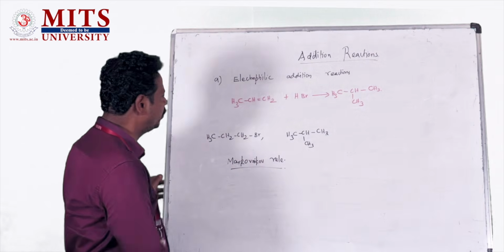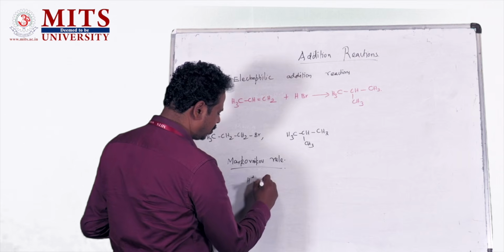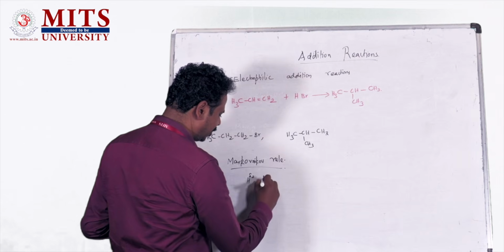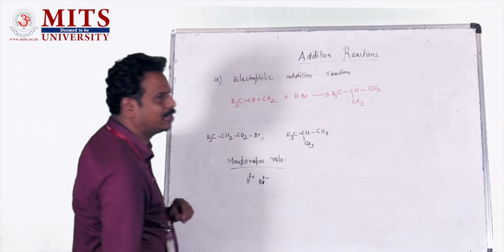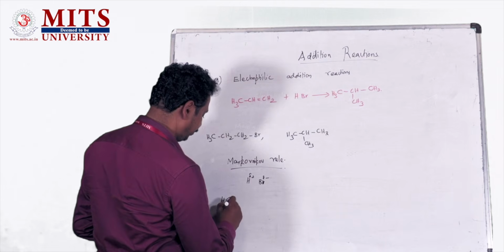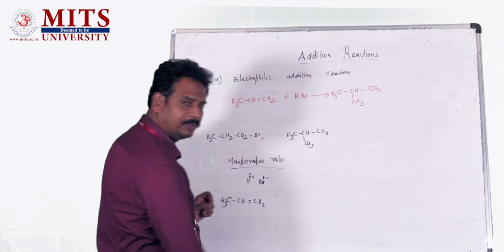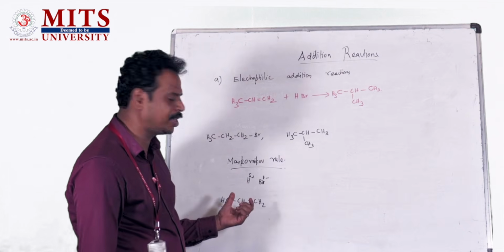For example, you take H plus and Br minus, say delta plus and delta minus. That delta minus adds to this propene system.